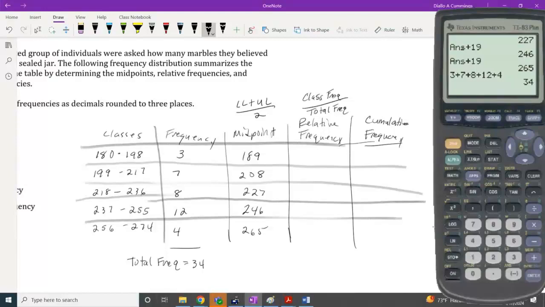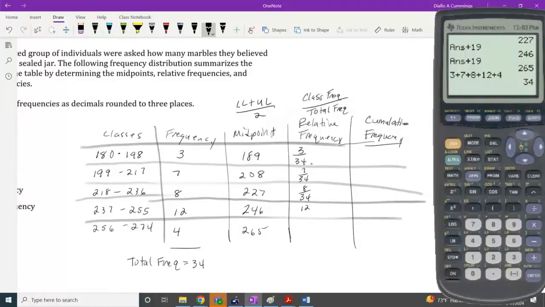To find the relative frequency for the first class, I take the frequency for that class, which is 3, and divide by the total frequency of 34. The relative frequency for the next class is 7 over 34.